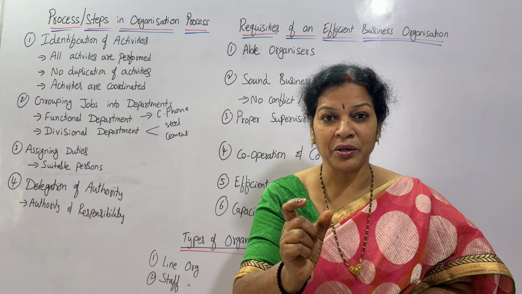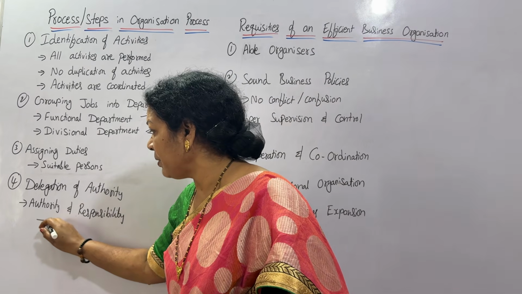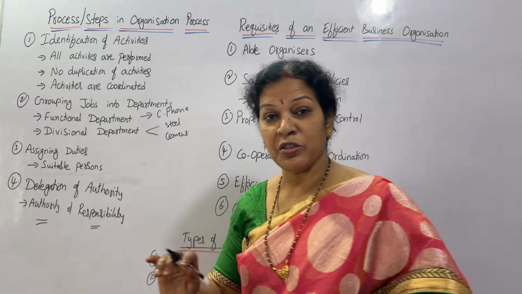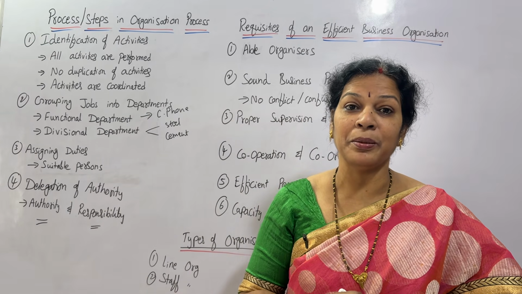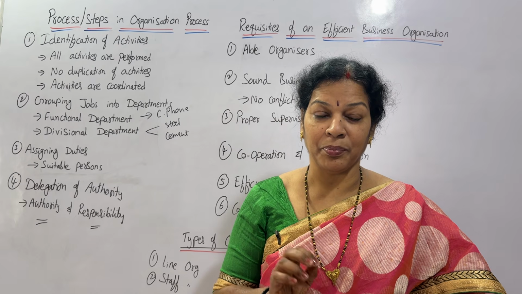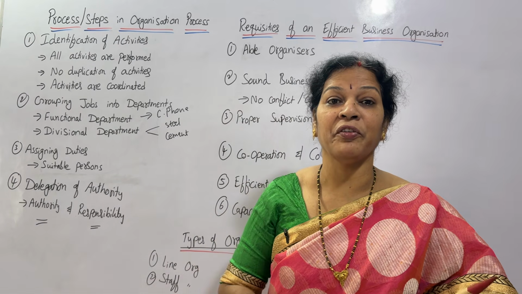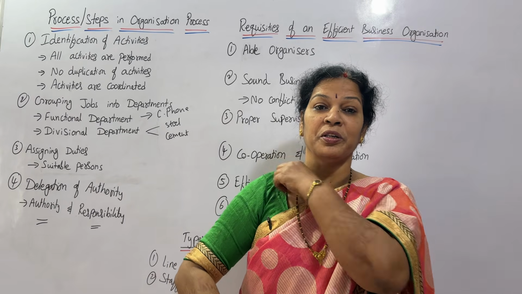Whenever you are giving authority, along with authority, please see that responsibility is also assigned to the same person to whom you have given the authority. Very important point. Without responsibility, if you give the authority, tomorrow if something happens, who will take the responsibility?